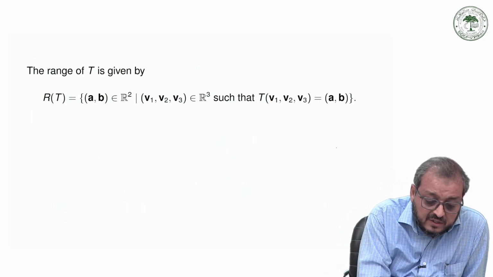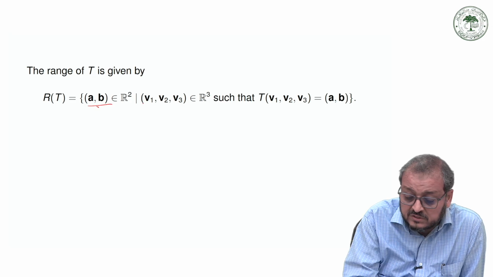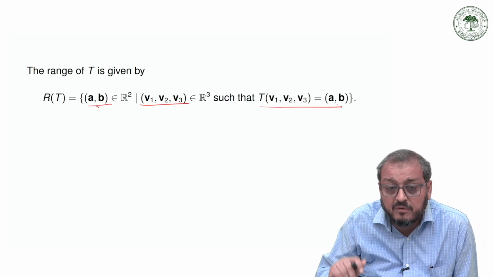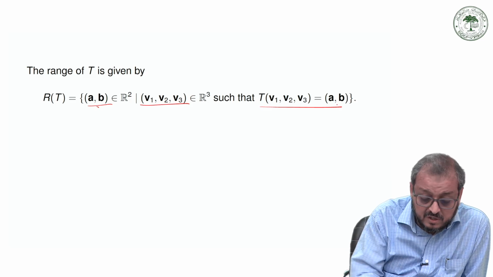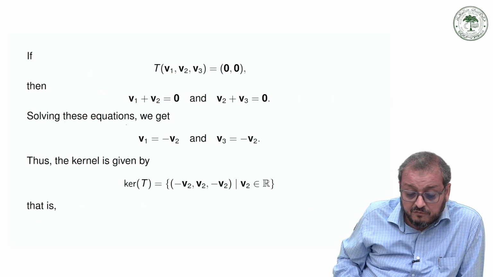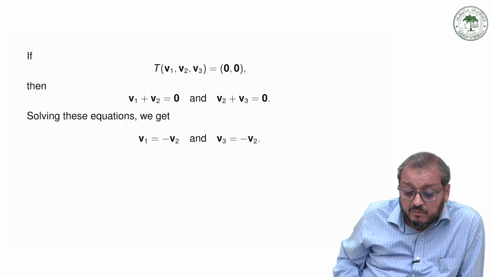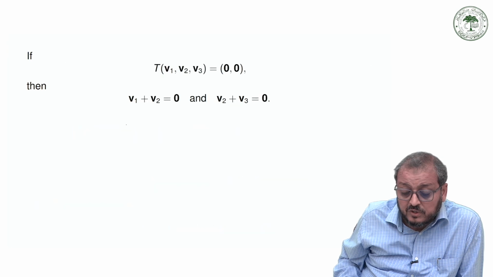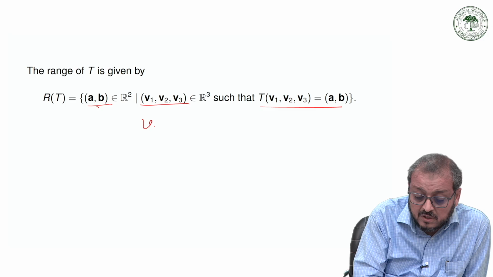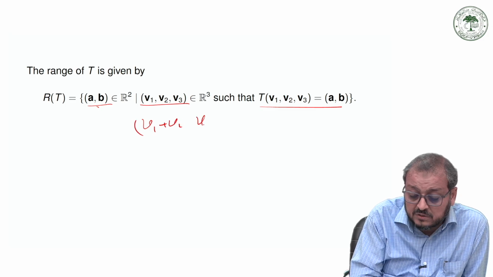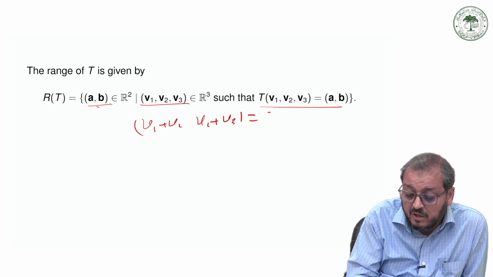So let the range of T be the set of (a, b) such that T of (v1, v2, v3) is equal to (a, b). It is defined in the form of v1 plus v2, v2 plus v3. So we have v1 plus v2 and v2 plus v3 equal to (a, b).